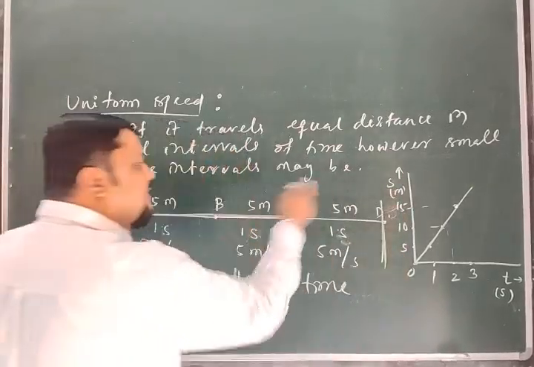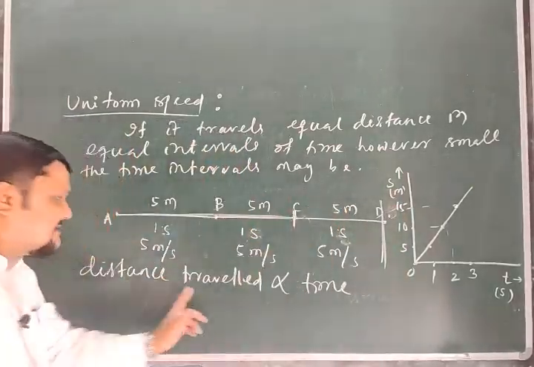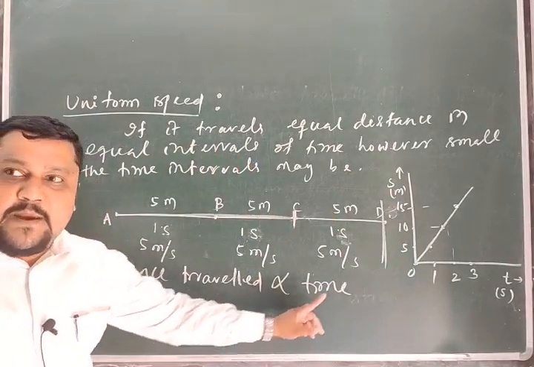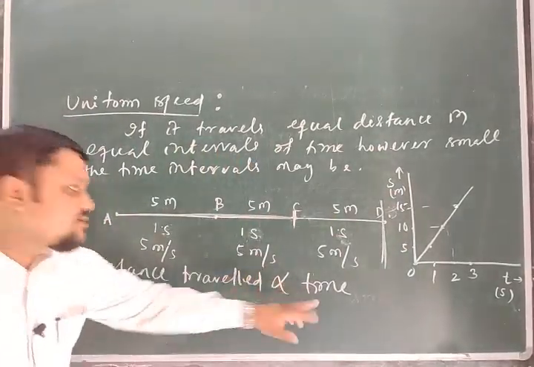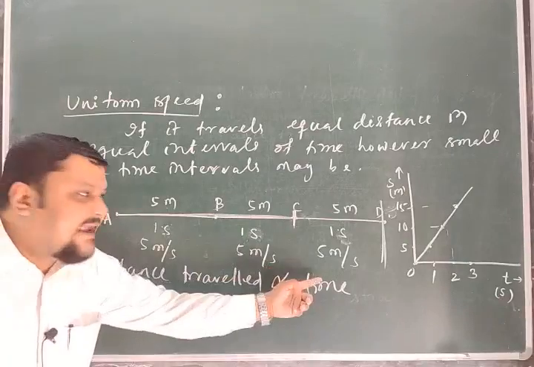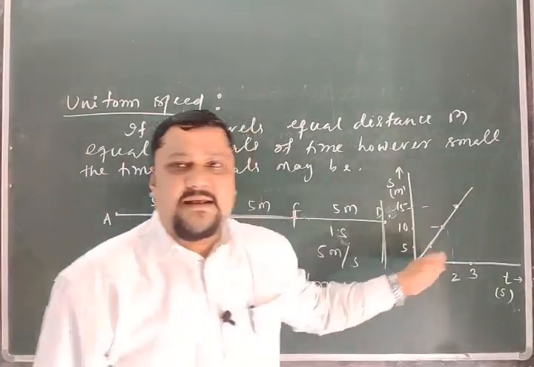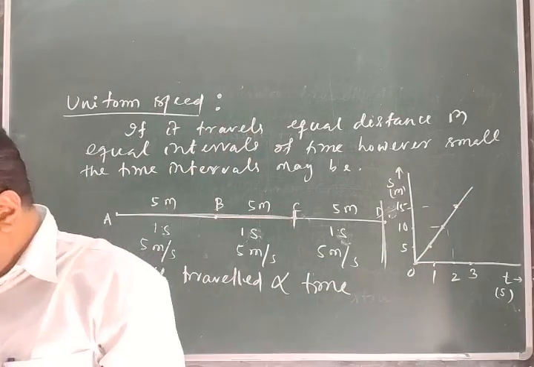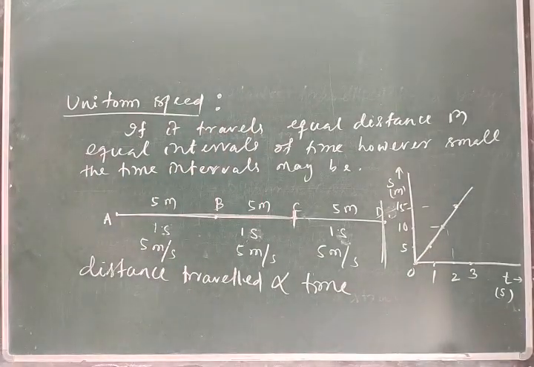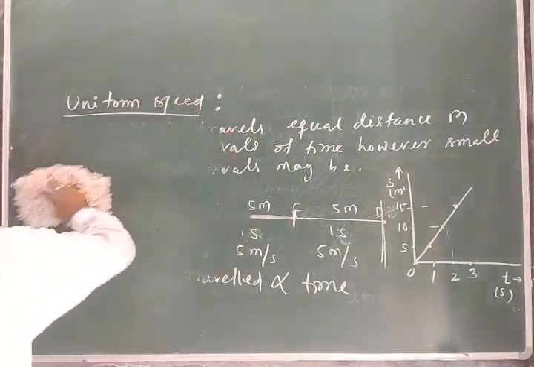At 3 seconds, 5 becomes 15. So distance traveled is proportional to time. In 1 second it is 5 meters; in 2 seconds it is 2 times, in 3 seconds it is 3 times. That's why it is a straight line. The equation is a straight line. Okay, then next we will go for variable speed. So this is the uniform speed.